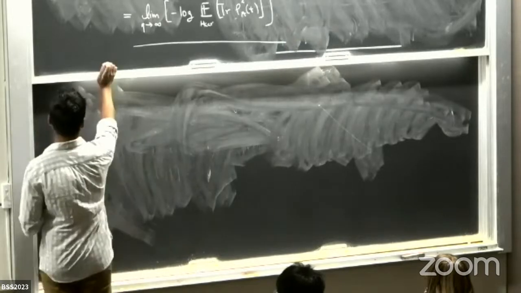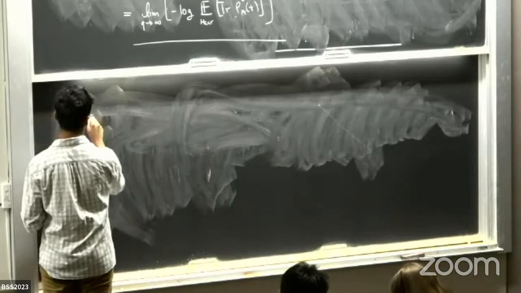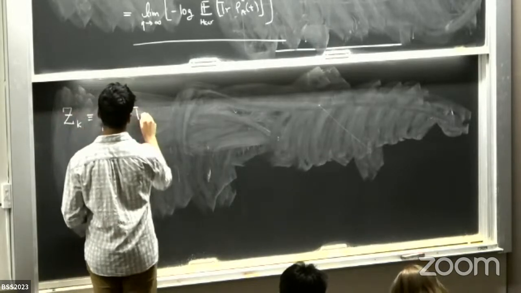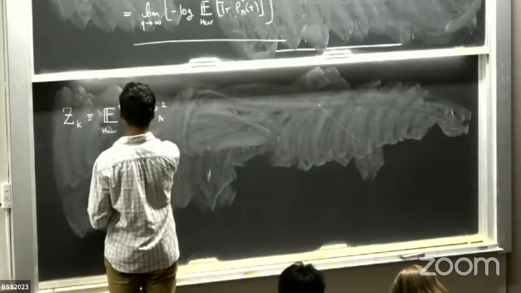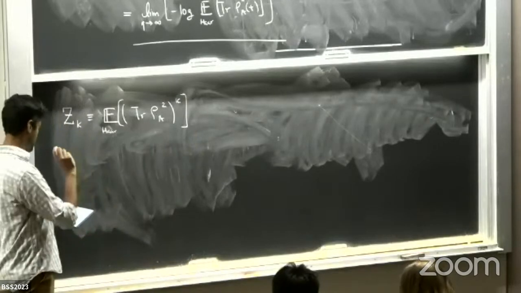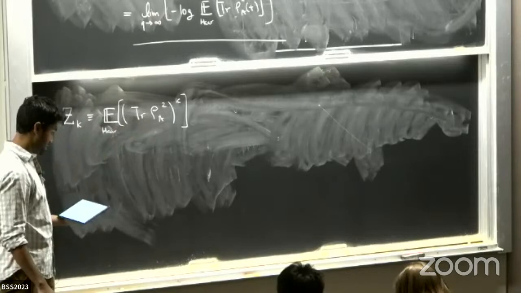And you can convince yourself that if I define Z sub K to just be the Haar average of trace of rho A squared to the kth power, right? So again, K equals 1 would have been the Ising case that we studied.